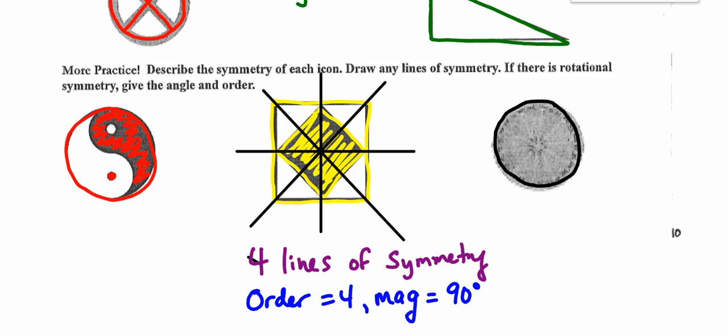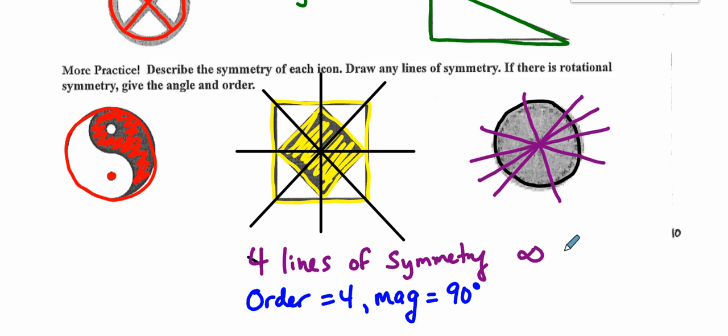This would have, because it's a circle, an infinite amount of lines of symmetry. We could cut these pieces any way we want, right? So we could keep cutting, and it'd just be an infinite amount of those. So it has infinite lines of symmetry.